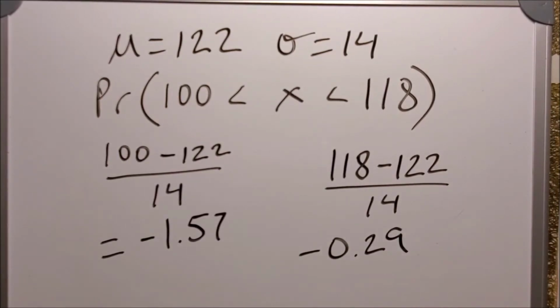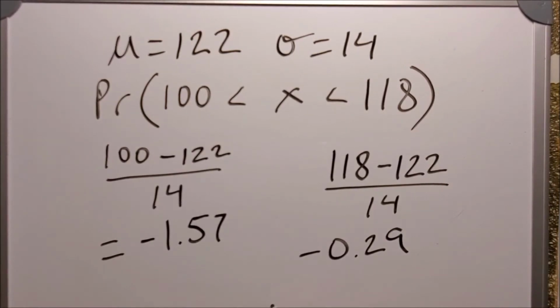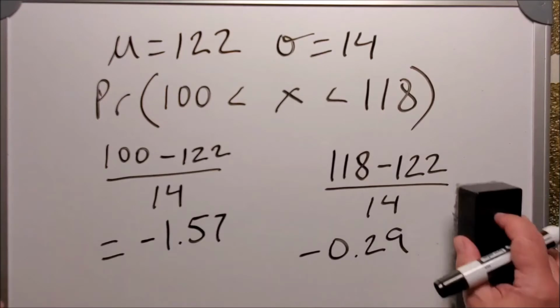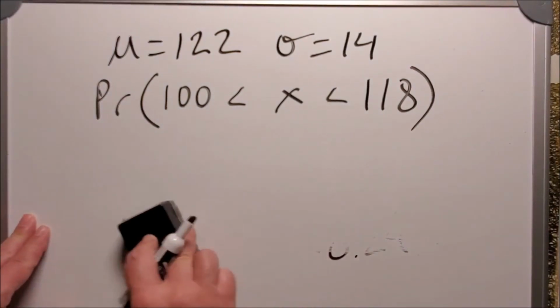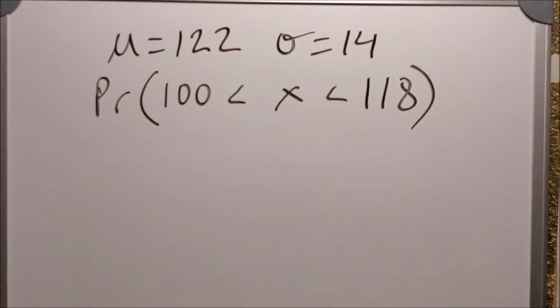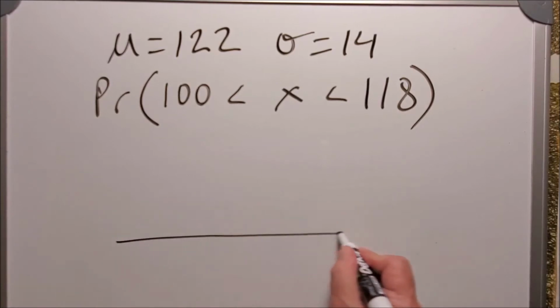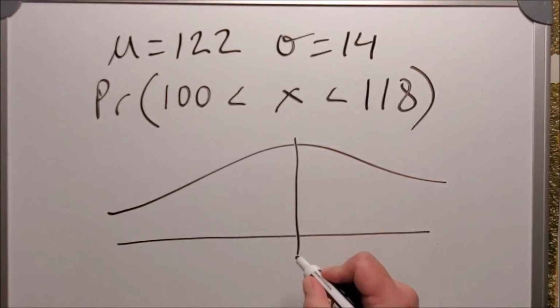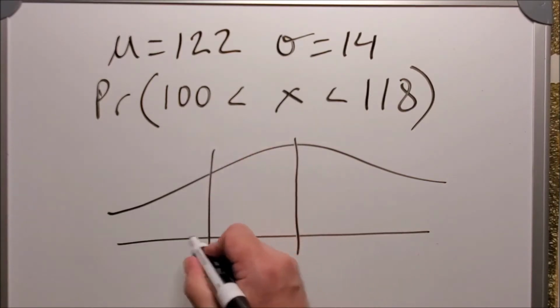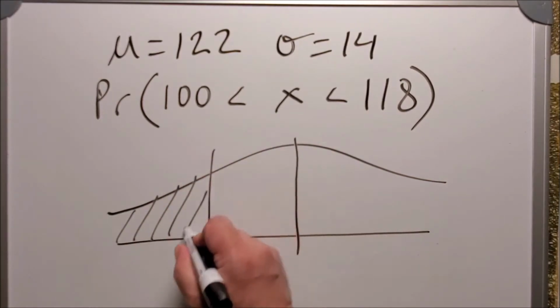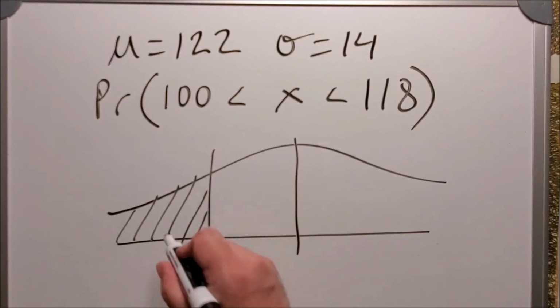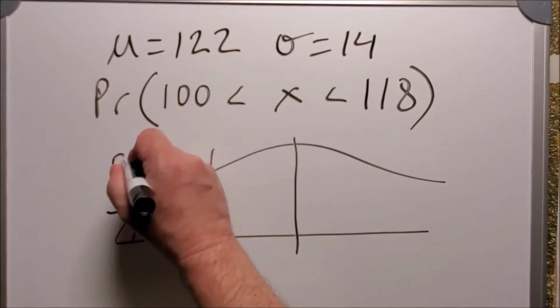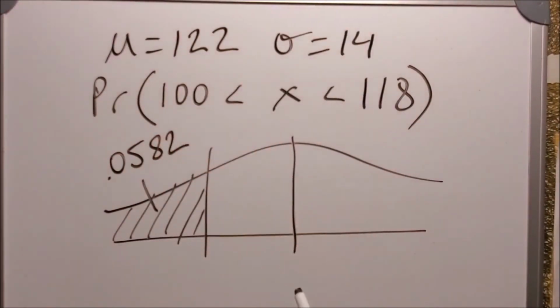So when I looked it up on the table, the area that I got to the left of negative 1.57 was, and we'll make that right there, this area was 0.0582.